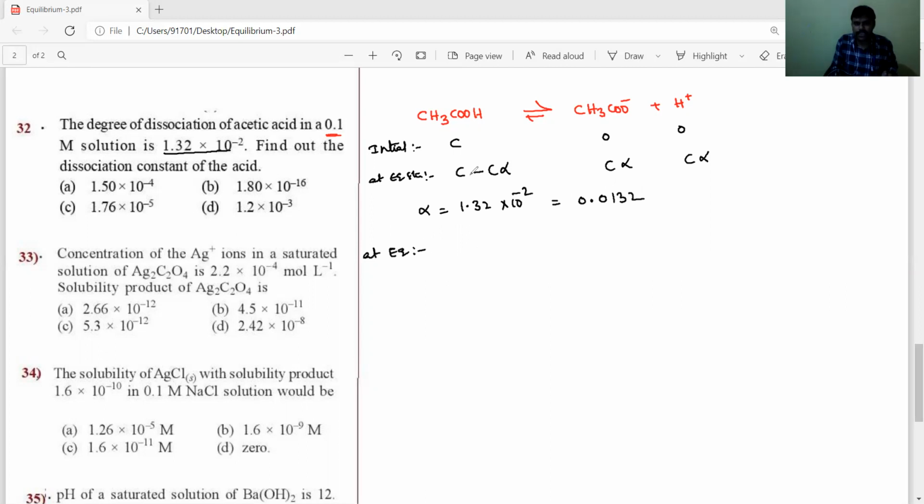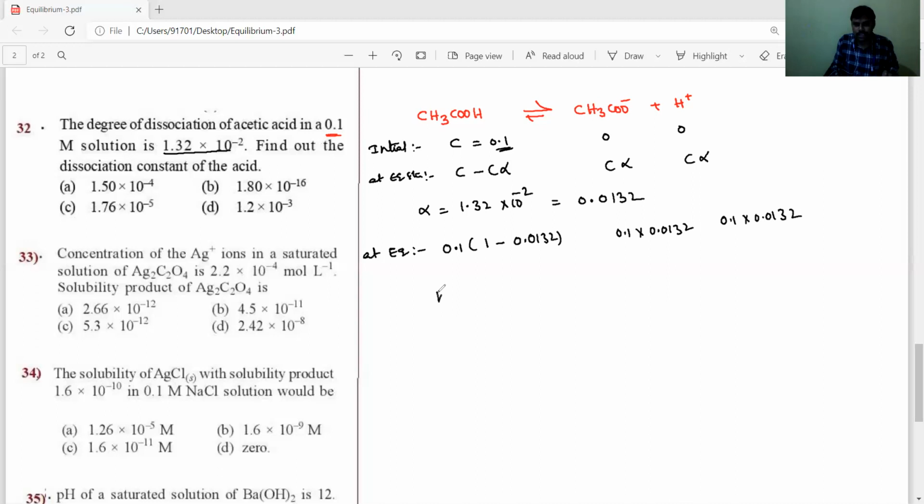At equilibrium state, the concentration of acetic acid is equal to C into 1 minus alpha. The C value, the initial concentration, they gave as 0.1. So it is 0.1 into 1 minus 0.0132. The concentration of the ions is C alpha, which means 0.1 into 0.0132, and this is also 0.1 into 0.0132.